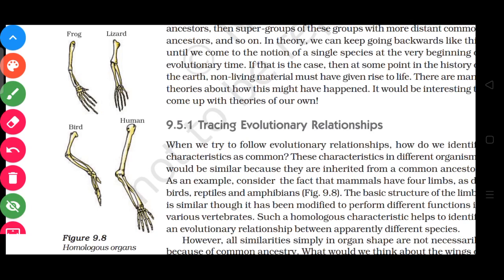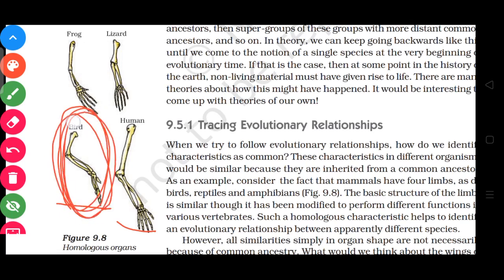Now if we do a scan of the wings of a bird, we will see that the structure of it is the same as a human's. The structure of this limb of a bird and the structure of this hand of a human is similar, and this structure of the bird is the wing.